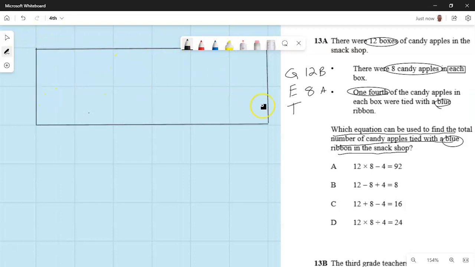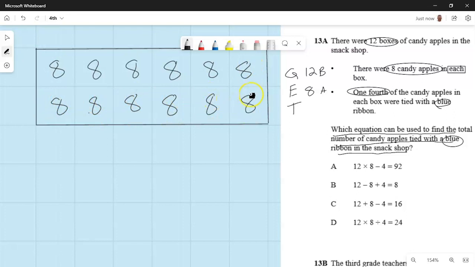Each one of these squares represents a box, and in each box there are 8 apples. So that models what it looks like. Each one of these is going to be 8. So that represents the 12 boxes, with 8 apples in each box.